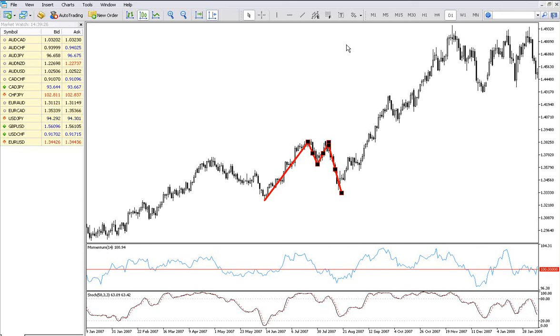What actually defines this pattern is its shape, and basically it looks like a letter M. Some people call it an upside down W for some reason, but that's up to you. In terms of its formation, what a double top has to have is two peaks.